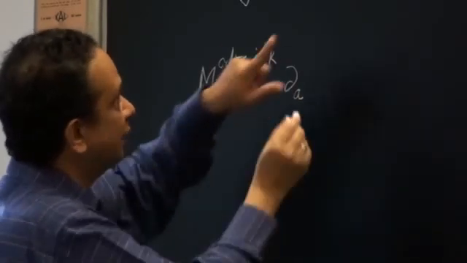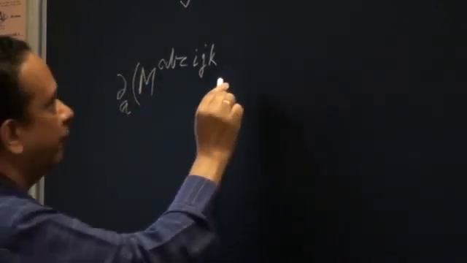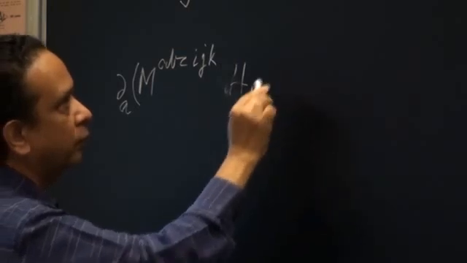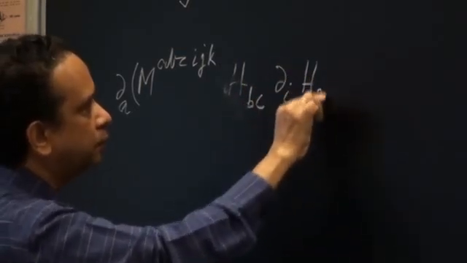Let me just look at this structure which is there itself, and let me pull out an A. So I write it as dA of HBC di of HJK.